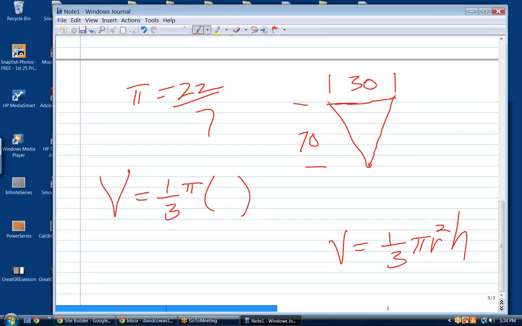It would be 15 squared, right? And what's the height? 70. Okay. I'm going to leave it in pi until the very final step, because most of the time you're not going to convert that pi. You're going to leave it as pi.